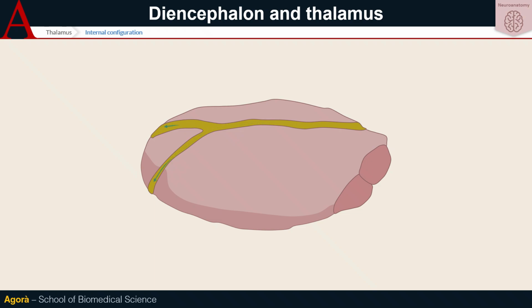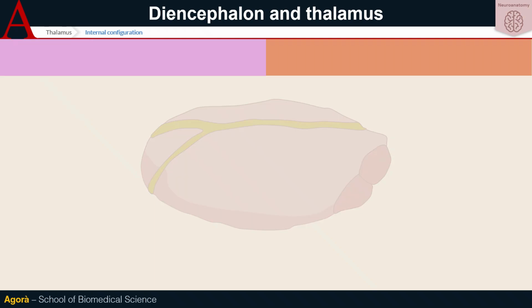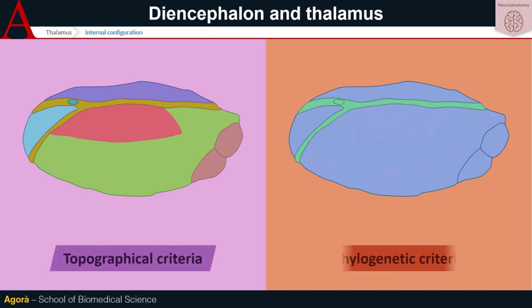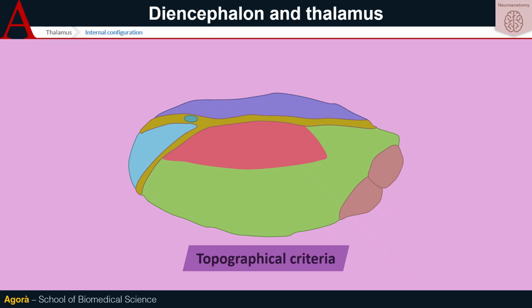Thalamic nuclei are classified according to 2 main criteria: topographical and phylogenetic. First, let's consider the topographical classification, based on the course of the internal medullary lamina. The median course of the lamina allows us to separate a medial nuclear group from a lateral nuclear group.